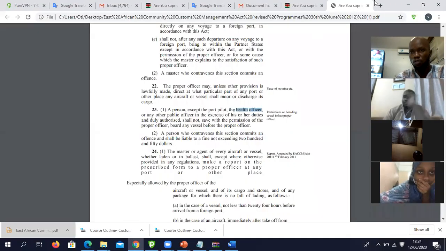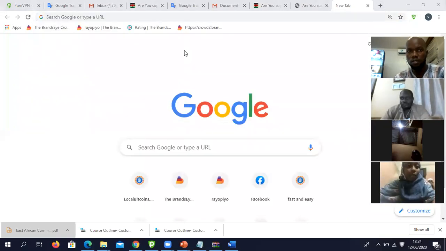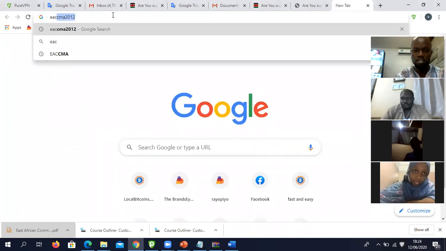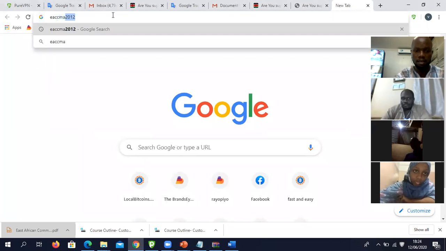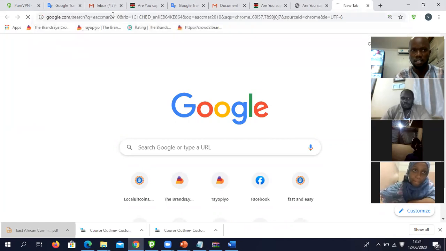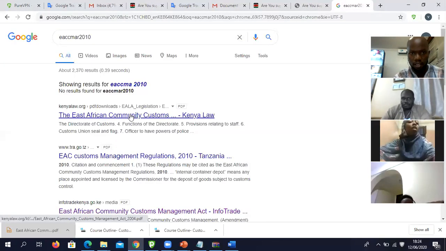Let me also get you a copy of the regulation so that you are familiar with the regulation. If you want to get a copy of the regulation, EACCMR, I think it's 2010. I think this is the copy.